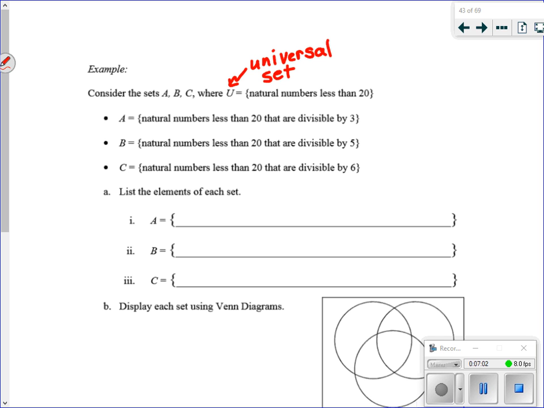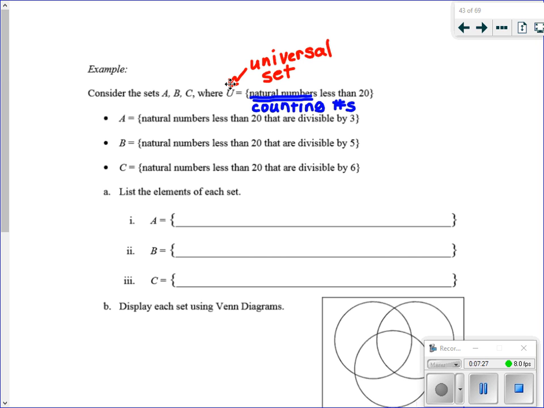You guys remember what natural numbers means? Natural counting numbers, right? You can see for this unit, you're going to have to know natural numbers, whole numbers, real numbers, what they are, okay? Counting numbers less than 20.